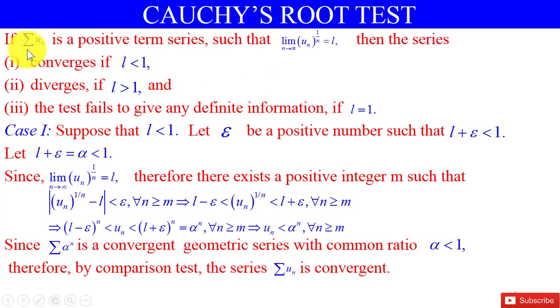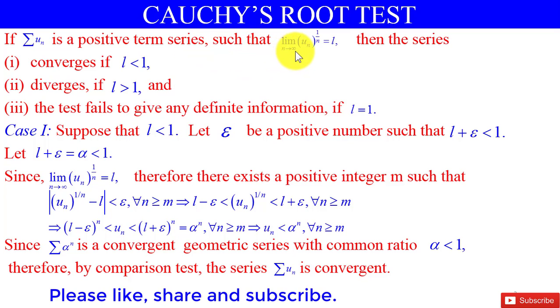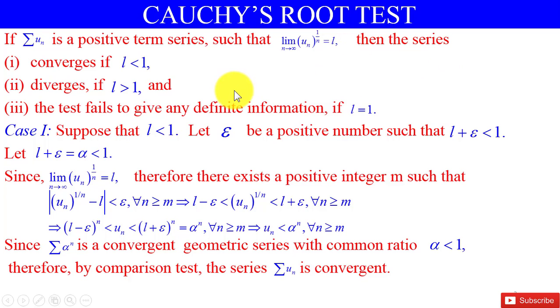If sigma un is a positive term series such that limit n tends to infinity nth root of un, that is limit n tends to infinity un raised to the power 1 by n, is equal to L, then the series converges if L is less than 1, diverges if L is greater than 1.